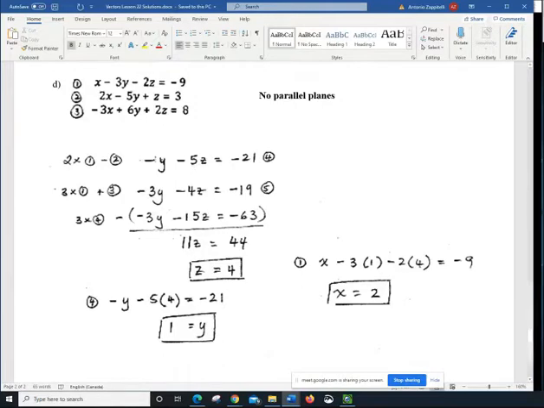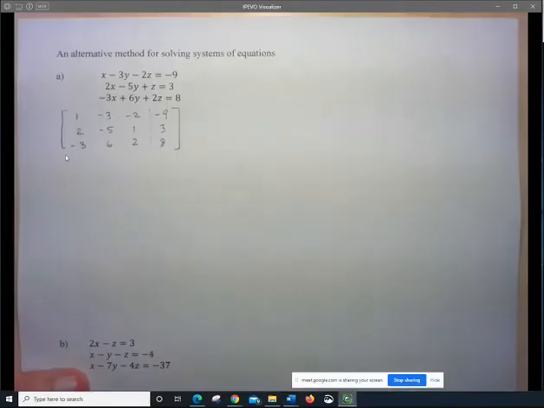I'm going to do the same thing here, except instead of multiplying the equation, I'm multiplying the row. If I wanted to multiply this row by 2, each of the terms would be multiplied by 2, exactly like I would be doing with an equation.